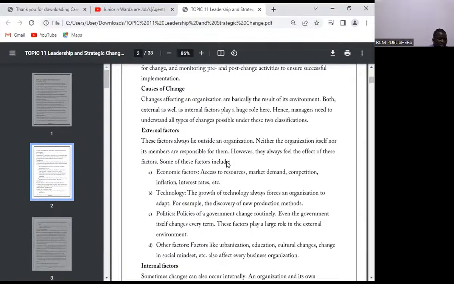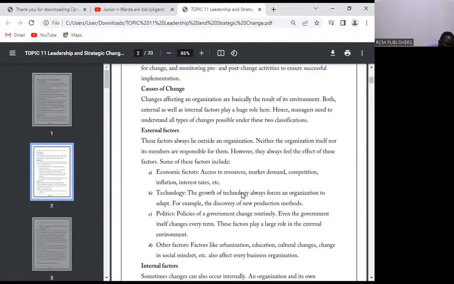However, they can take certain measures to manage the situation, and they always feel the effect of these factors. Some of these factors include economic factors, access to resources, market demand, competition, inflation, interest rates. Those are beyond the managers' control. However, they have an impact on the decision-making process.